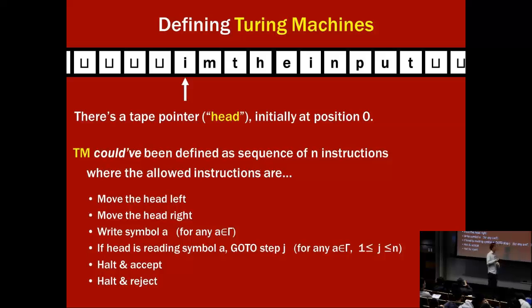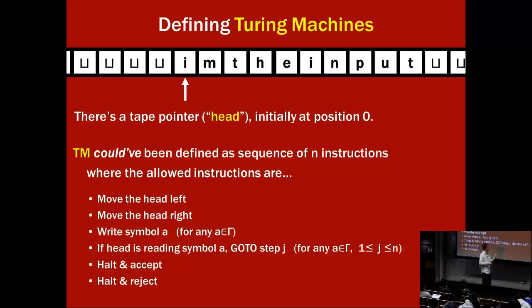There's an instruction to move the tape head left, and one to move it to the right. There's one to write a symbol A, for any tape symbol in the tape alphabet, so really that's one instruction per tape alphabet symbol. And there's basically the assembly language jump if 0 or jump if whatever instruction.